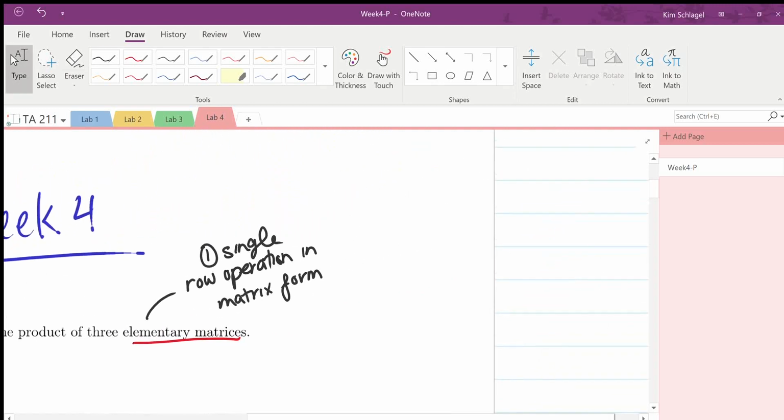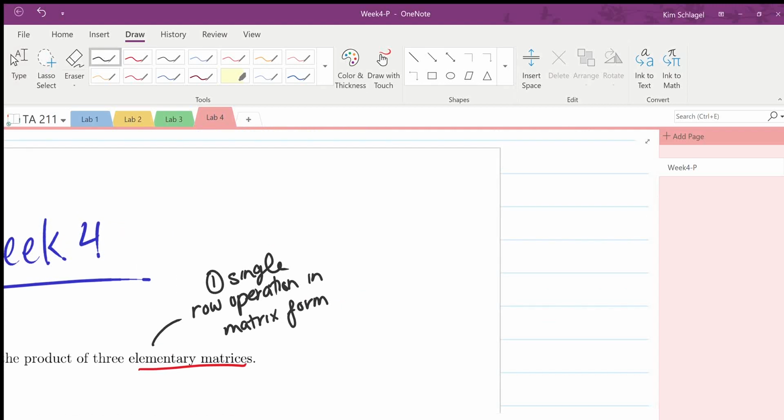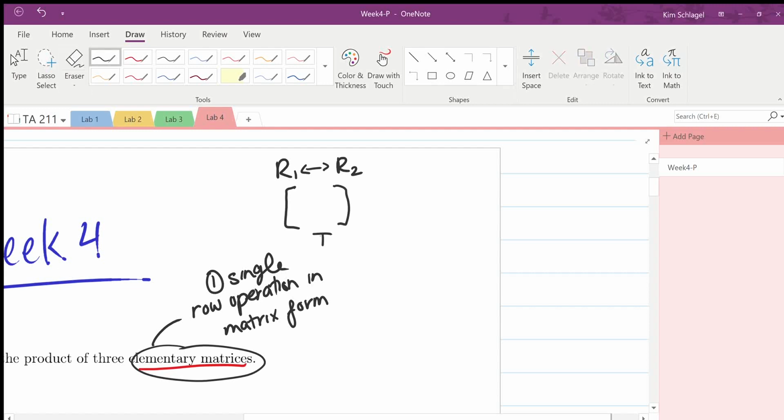I'll do it over here so I don't run out of space later. But if I had a row operation of switching row 1 and row 2, what I would do to find the elementary matrix that corresponds to that is I would take the identity matrix. When I'm using elementary matrices, I'm always starting with the identity matrix, and I'm applying that exact row operation to the identity matrix to get my elementary matrix.